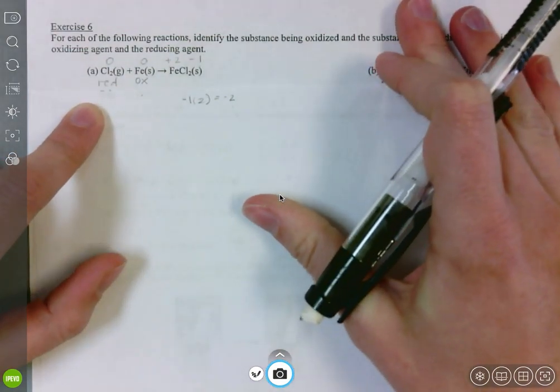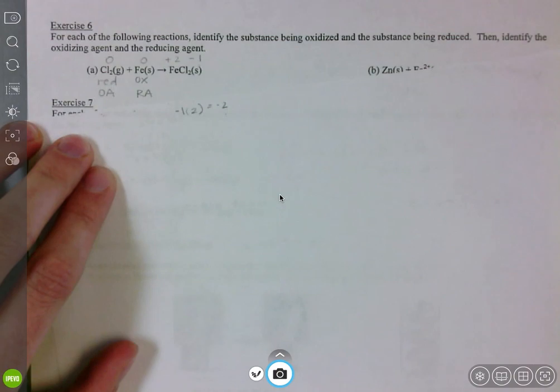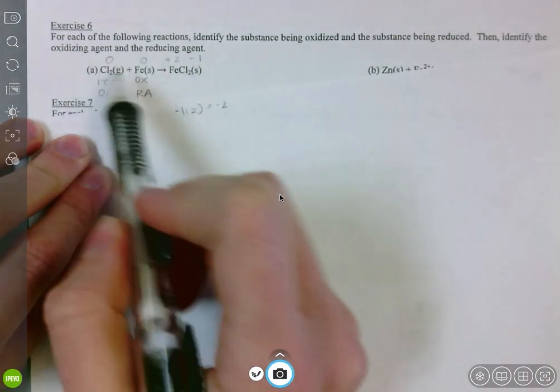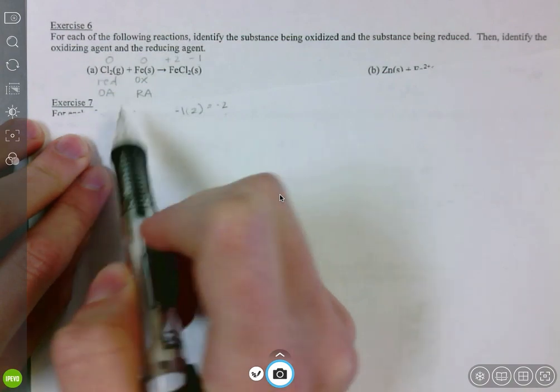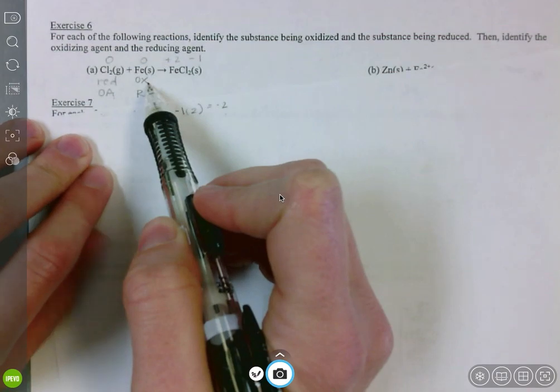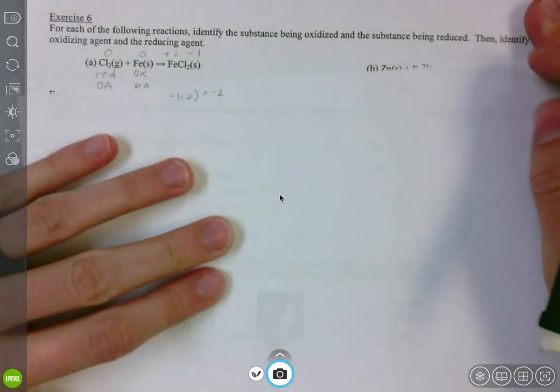Our oxidizing agent and reducing agent are opposite of what their names suggest. The one being reduced is the oxidizing agent, and the oxidized reactant is our reducing agent.